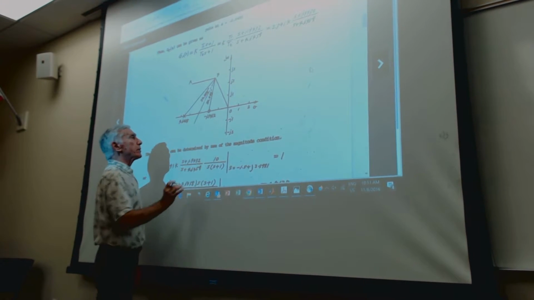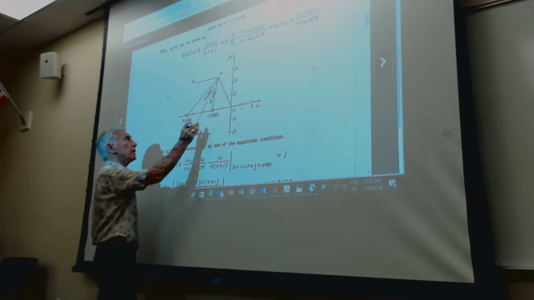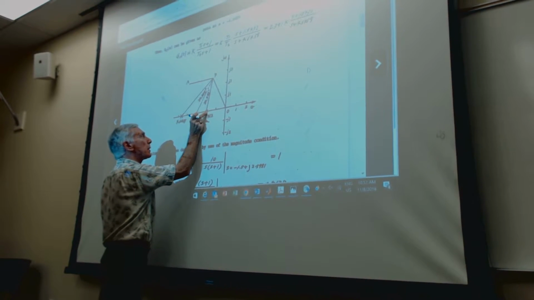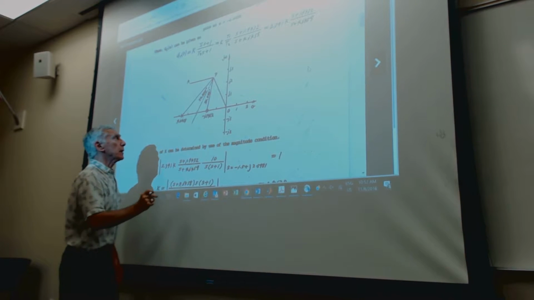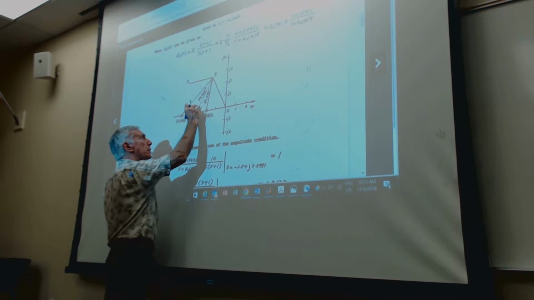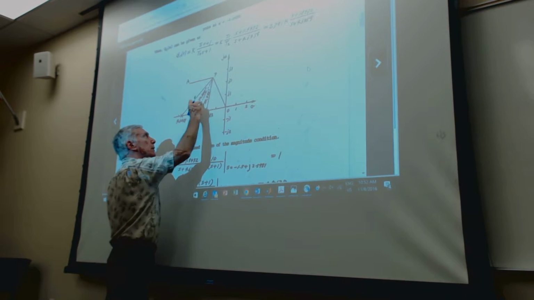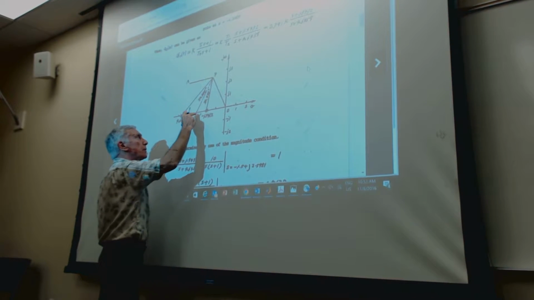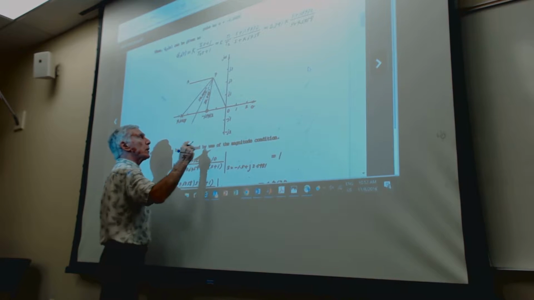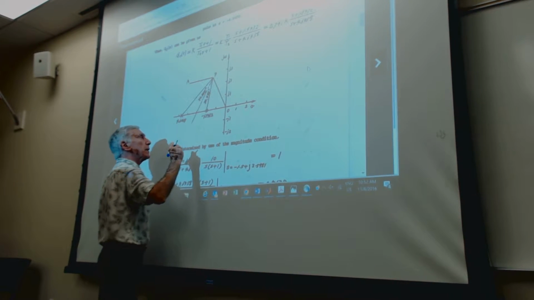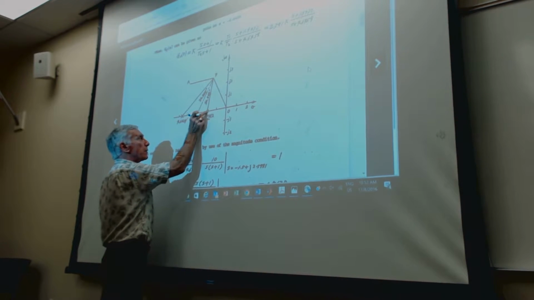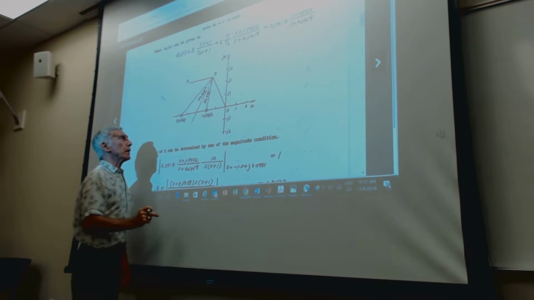And so you can apply the law of sines to that in order to determine this length here. Okay. And what you know is that this is 60, this is 60. This triangle is an equilateral triangle. And so you know this length here as well, because it's the same as that length there. And if you know that length and you know this length here, then you can determine that point there.